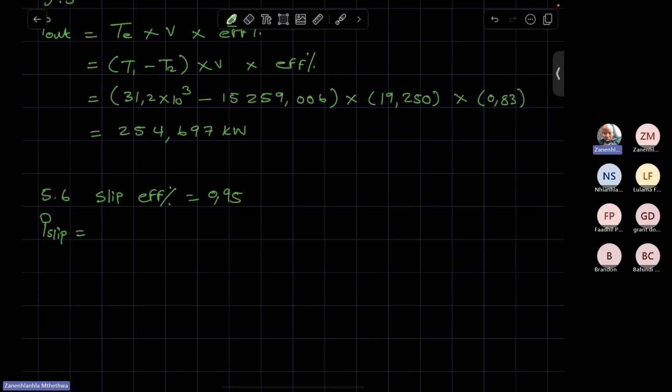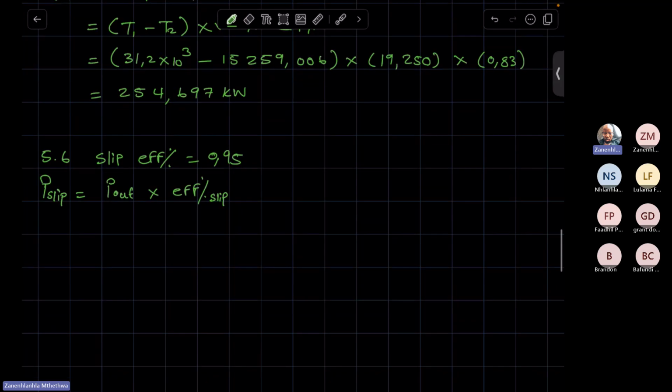So in calculating the power transmitted at 5% slip, you simply take the power out you calculated, taking efficiency into account, times the efficiency of slip.